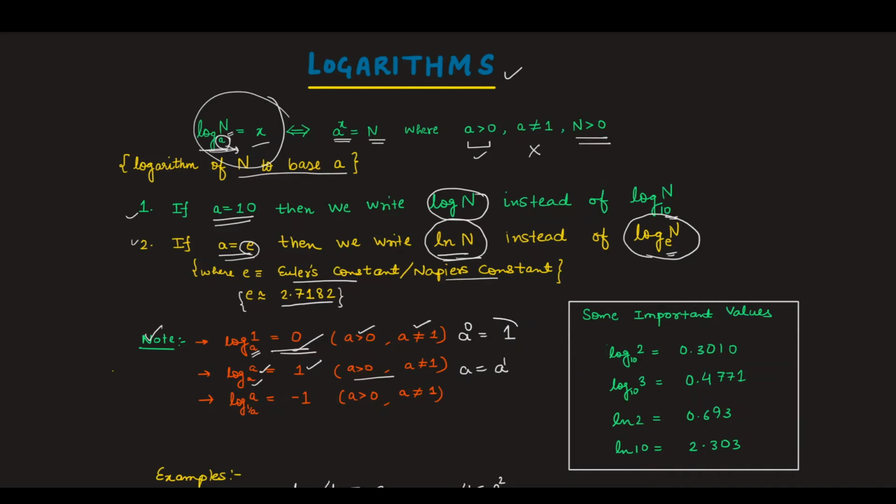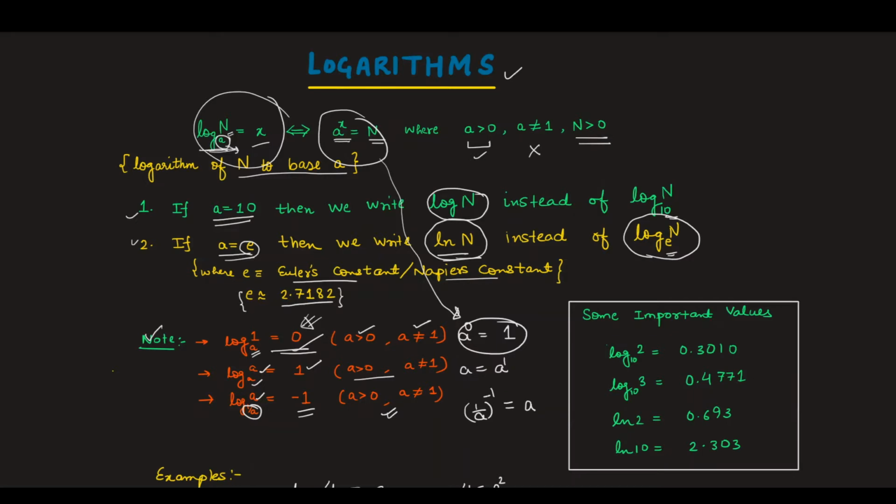So just compare and you can write this log notation. Then log a to the base 1 by a is minus 1. Why? Obviously the base is valid, because 1 by a to the power minus 1 is actually a.